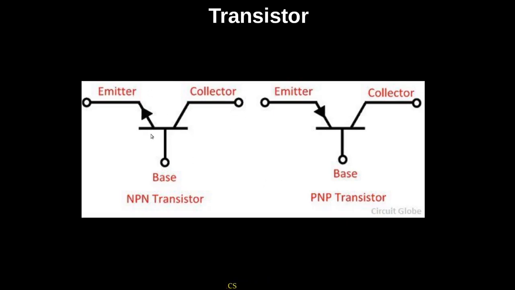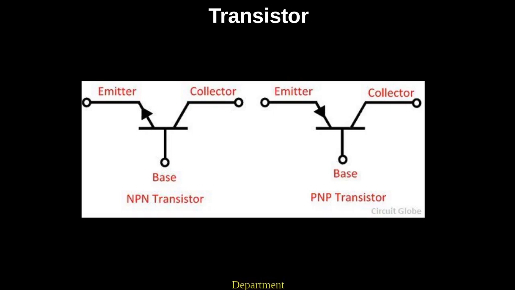And these three terminals of the transistor, namely emitter, collector and base, are explained in detail. What is the emitter? The section that supplies the large number of majority charge carriers is called the emitter. Or in simple language, it is a source of charge.